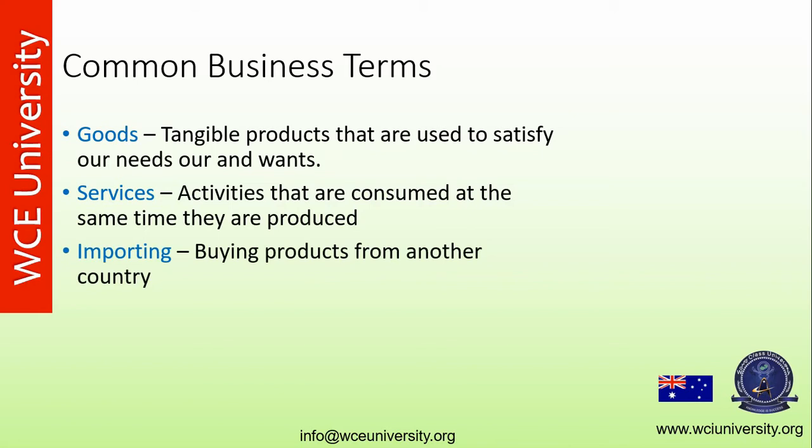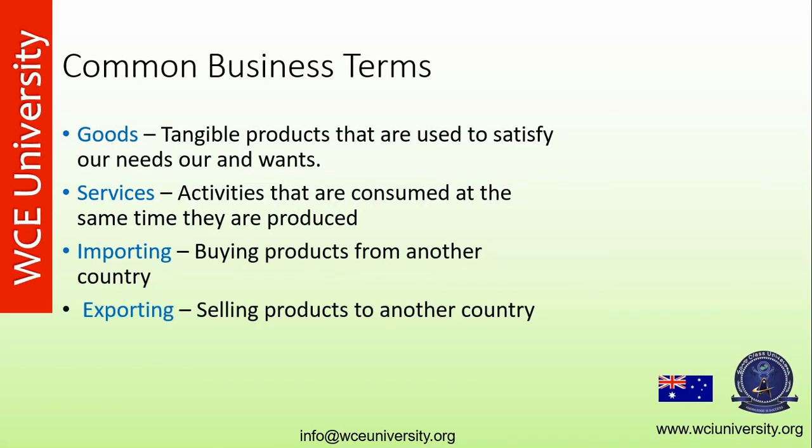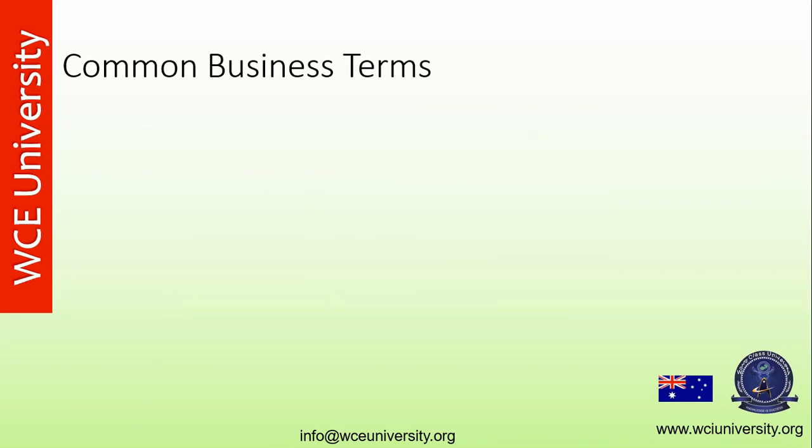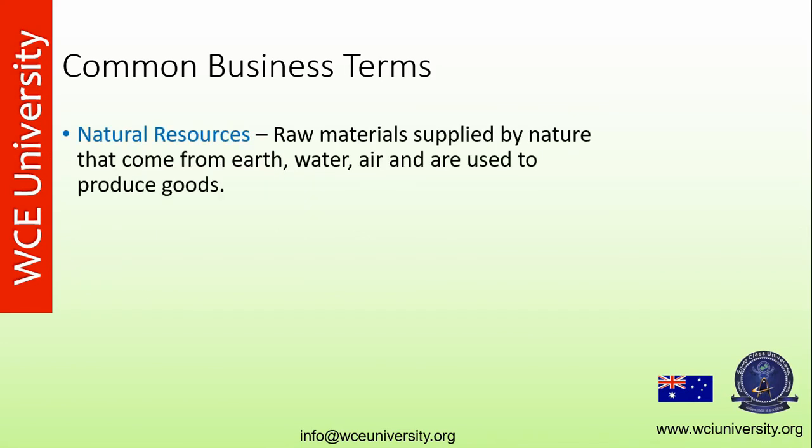Importing. Buying products from another country. Exporting. Selling products to another country. Natural resources. Raw materials supplied by nature that come from earth, water, air, and are used to produce goods.